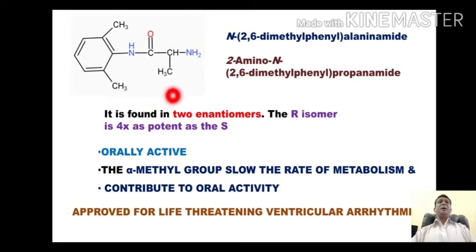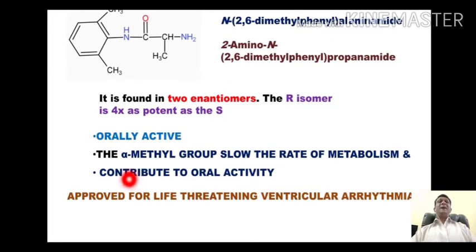This compound has a very good oral activity because it is resistant to hydrolysis. When this methyl group is introduced at this alpha carbon, it produces steric hindrance over this carbonyl group, and due to the steric hindrance by this methyl group, this carbonyl carbon is less prone to get attacked by the water molecule.